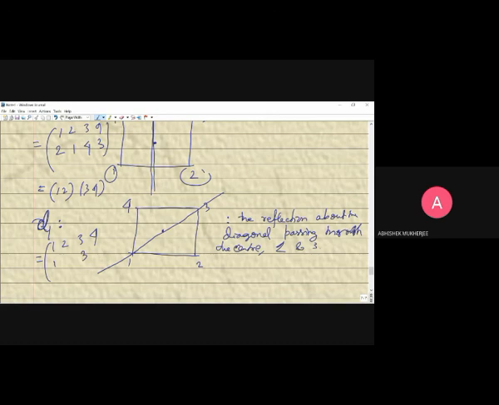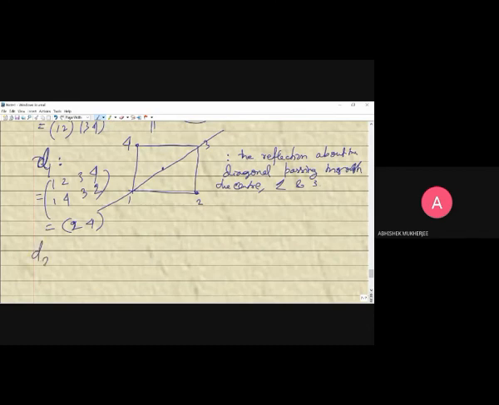That is, 1 goes to 1, 3 goes to 3. And you take just one flip along this diagonal. Just take a flip of this figure. Then this 2 will move to 4 and 4 will come to this 2. That is, 2 goes to 4, 4 goes to 2. That means it is a 2 cycle, 2 4. And in a similar way, there is another diagonal passing through 2 and 4.